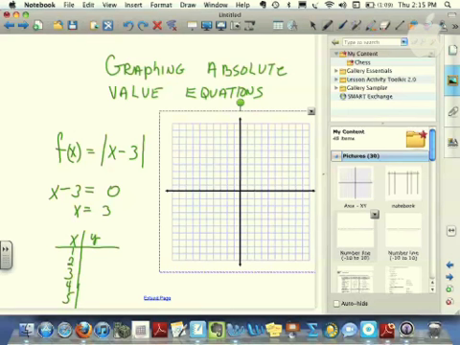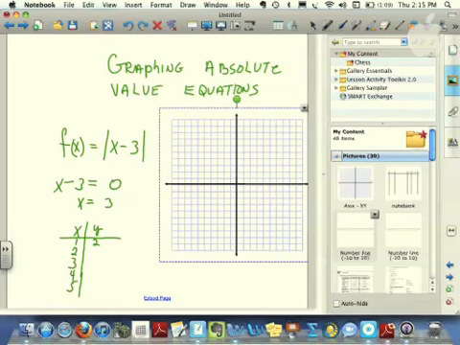All right, if x is 1, 1 minus 3 is -2, but that absolute value is 2. If x is 2, 2 minus 3 is -1, but the absolute value becomes 1. 3 minus 3 is, of course, 0, and its absolute value is 0. 4 minus 3 is 1, the absolute value is 1.